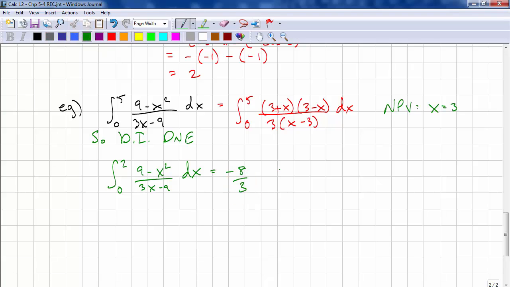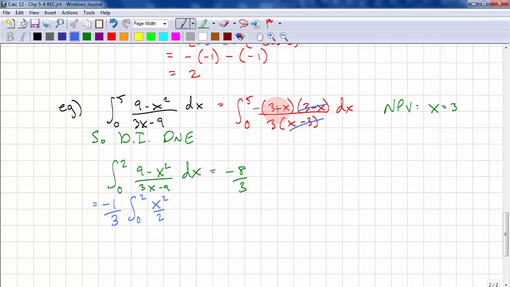If we want to calculate it with antiderivatives, we simply take this, we cancel out this, make this negative because we're factoring a negative 1 out. So we have negative 1 over 3. Use the constant multiplier to move this out. Integral from 0 to 2. The antiderivative for x is x squared over 2.